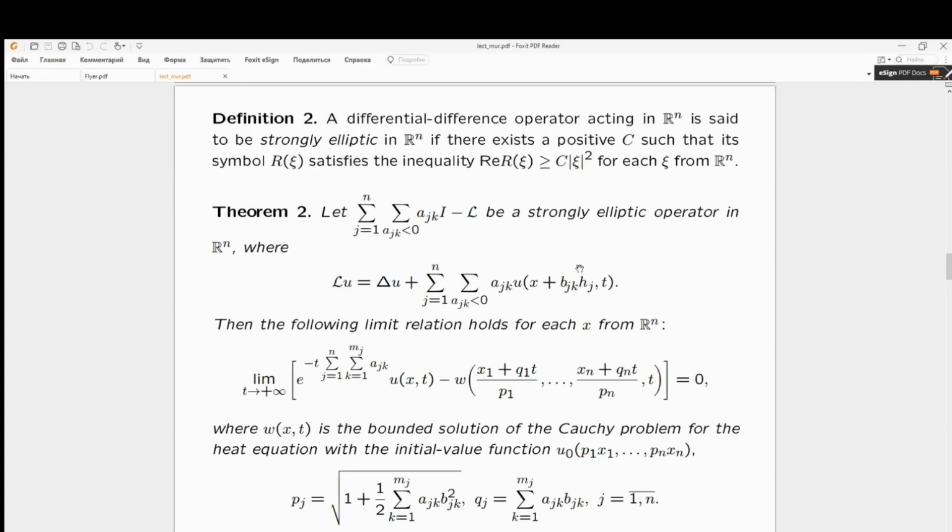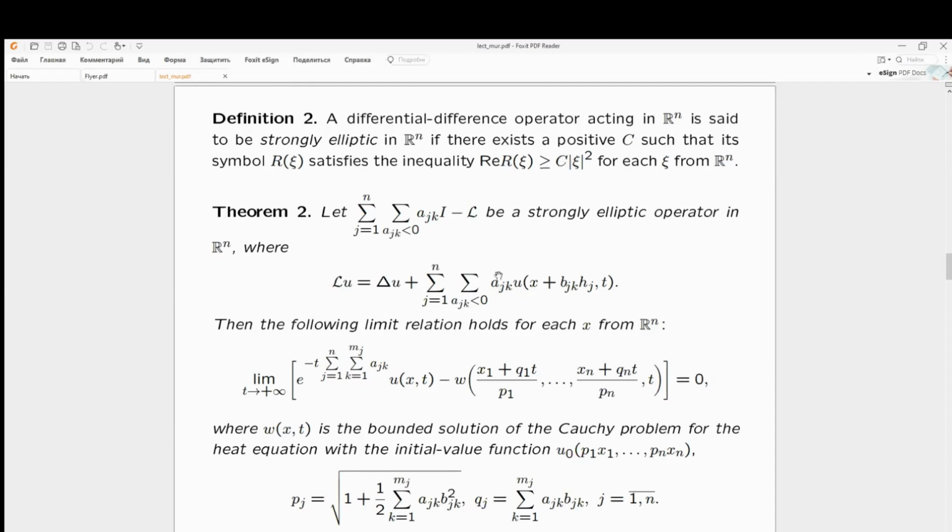So the real part of the symbol is bounded from below by the second power of the absolute value of our dual variable.